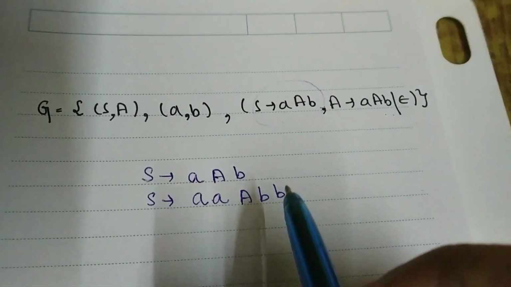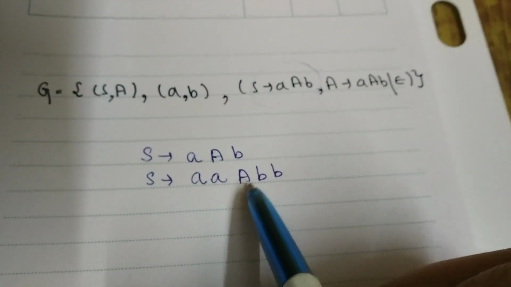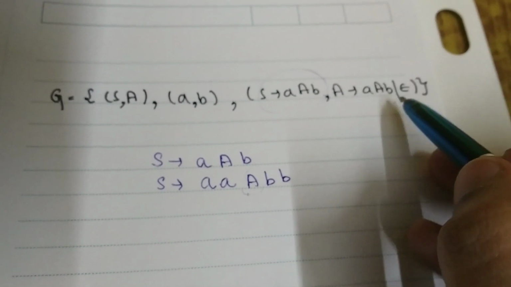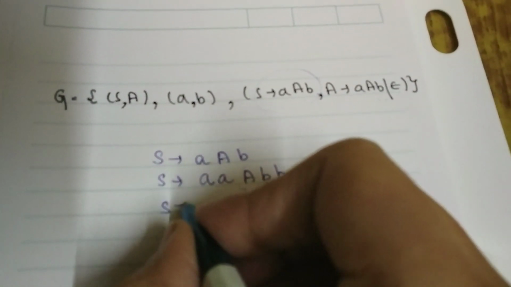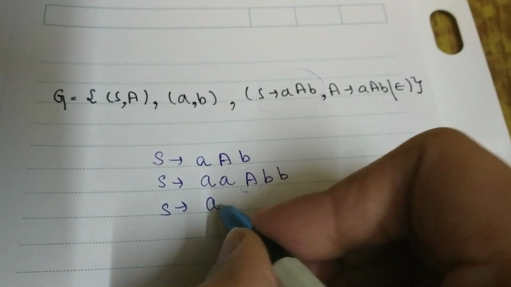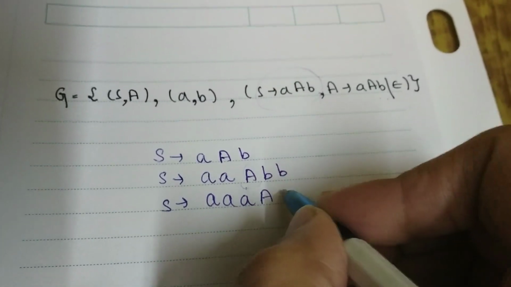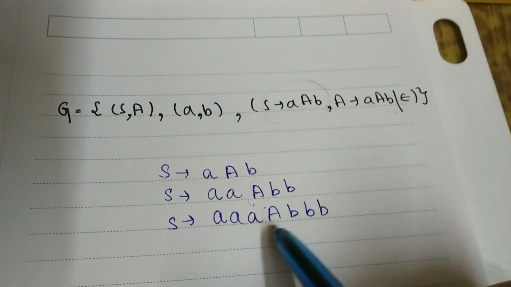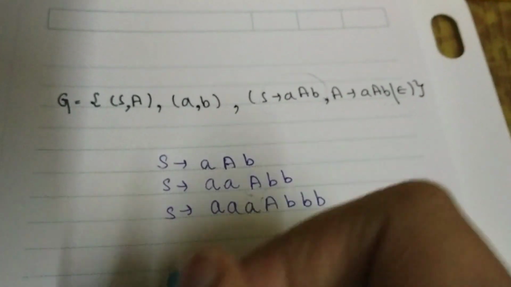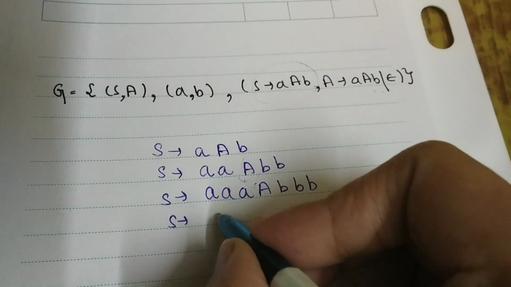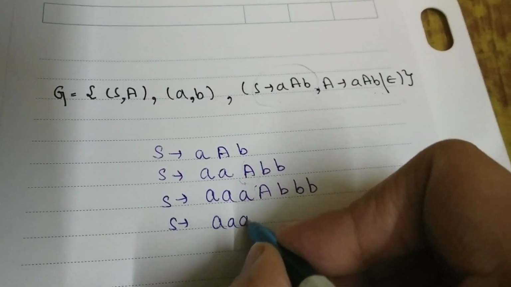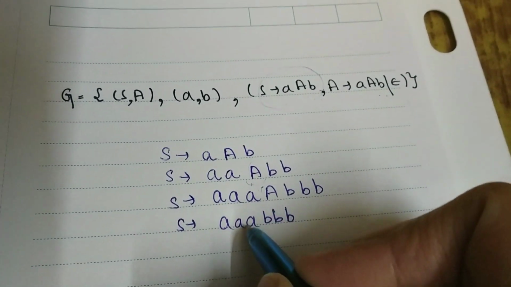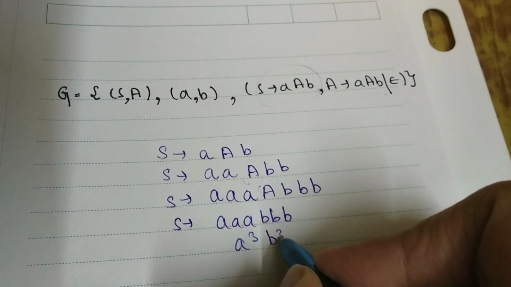Now I will again replace capital A with A, capital A, B. Now S will imply A, capital A, B, B. Now I will replace this capital A with epsilon. Now S will imply A, B, B. Now I can write this string as A cube, B cube.